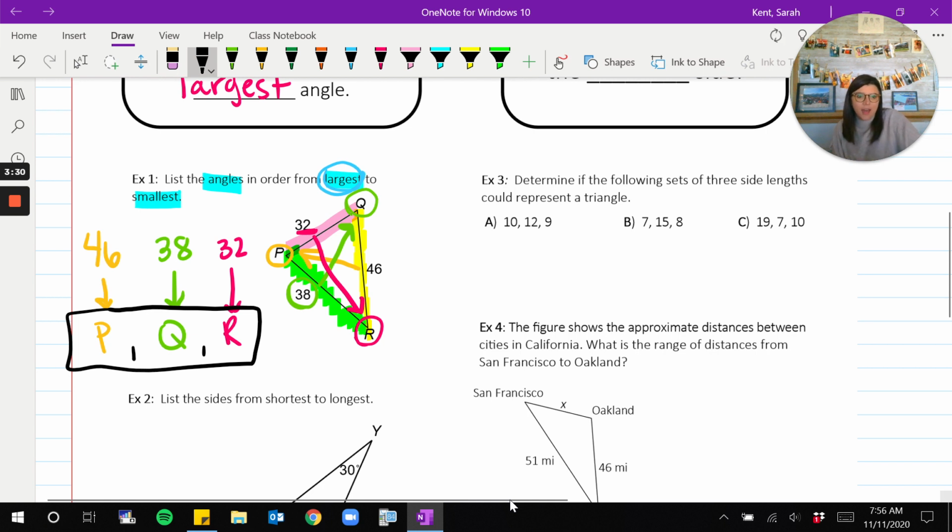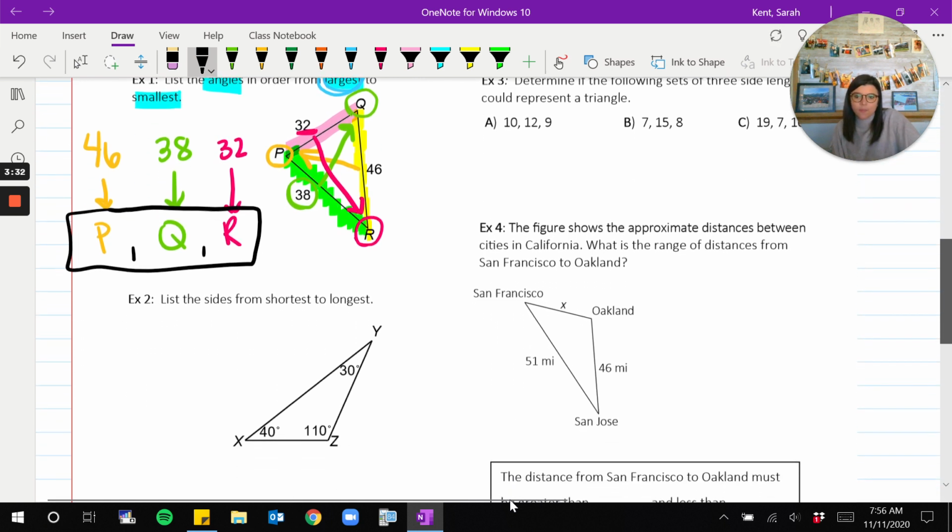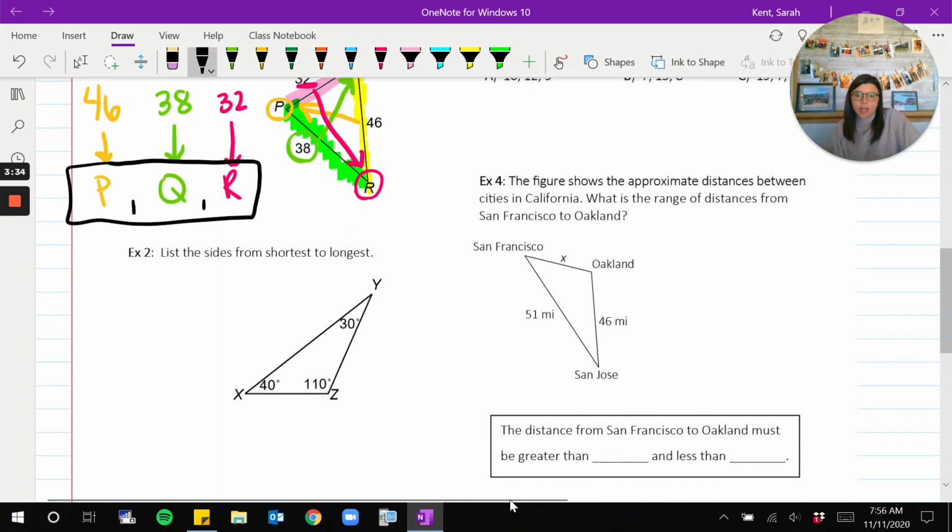So let's look at another example. This time it wants me to list the sides from shortest to longest. So I've got 30 degrees, 40 degrees, and 110 degrees.